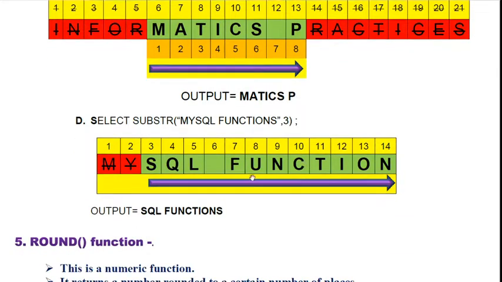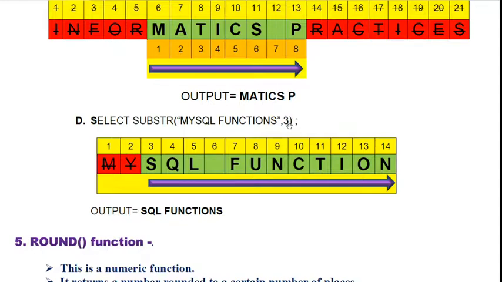Now next example, SUBSTR of MySQL functions, comma 3. So 3 is the position, the second argument represents position. The third argument is not given. Clear? So the starting point will be 3.